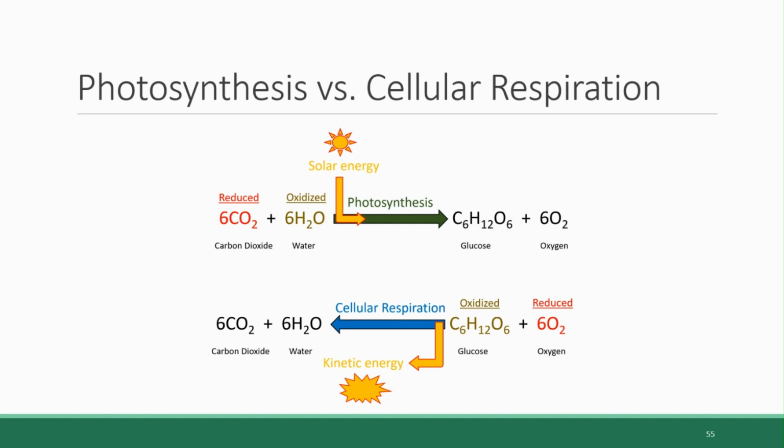When all of the usable electrons have been extracted from the carbohydrate and placed upon oxygen, and all of the kinetic energy pulled out of the glucose molecule, what you're left with is molecules of water and carbon dioxide, the latter of which, carbon dioxide, is put back out into the atmosphere. So as you can see, cellular respiration is the exact reverse of photosynthesis in terms of what it consumes and what it generates.